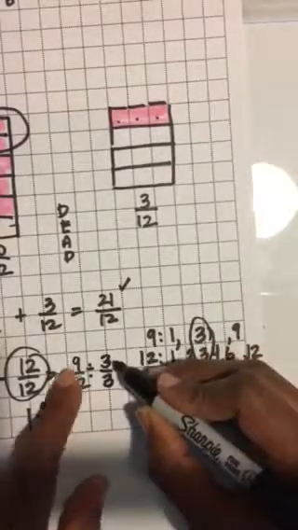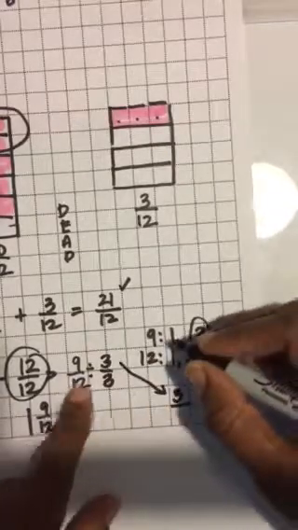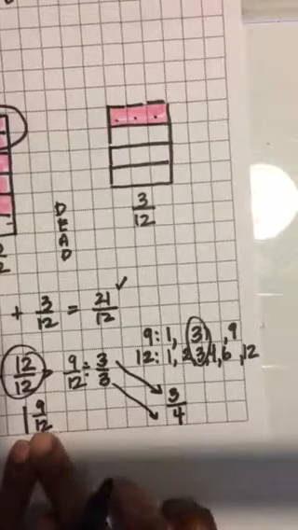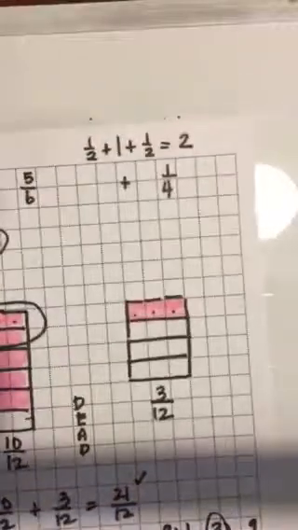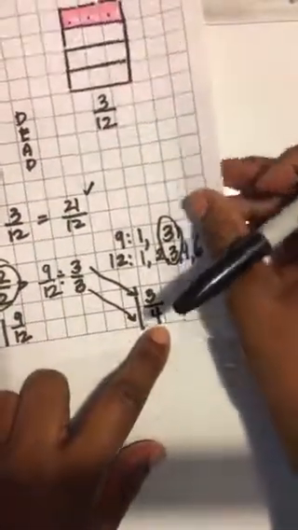So 9 divided by 3 is 3, and 12 divided by 3 is 4. And remember that I had one whole, I can't leave that off, that'll change the value. So 2/3 plus 5/6 plus 1/4 is equivalent to 1 3/4. And 1 3/4 does round to 2.